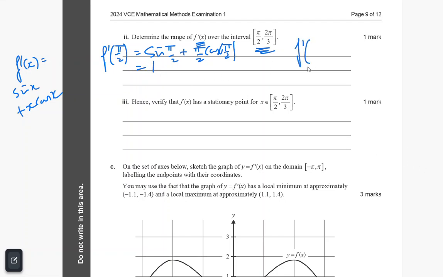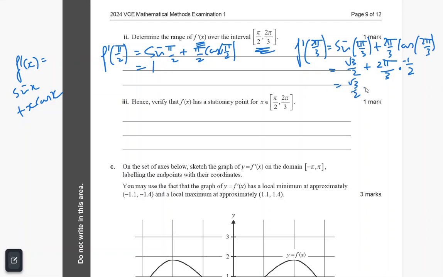And if I do f dash of 2 pi on 3, it will be sine of 2 pi on 3 plus 2 pi on 3 times the cos of 2 pi on 3. That's going to be positive root 3 on 2 plus 2 pi on 3 times negative a half, which gives you root 3 on 2 minus pi on 3.